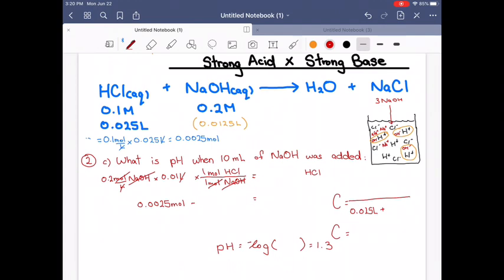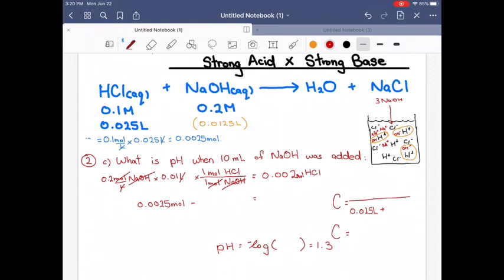That's always going to be 1:1. Because of that, my math got a lot easier here, 0.002. Okay, so with 0.2 molar at 10 milliliters of NaOH, it will react out 0.002 mole of HCl.